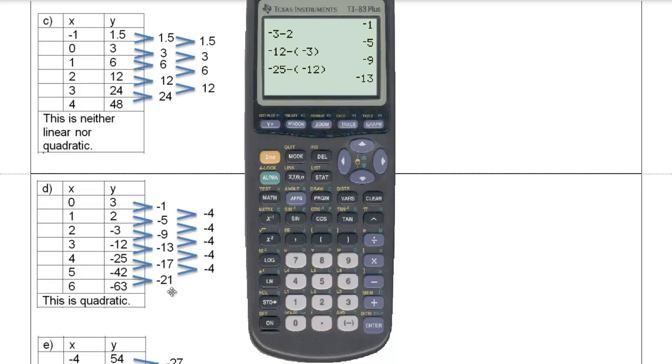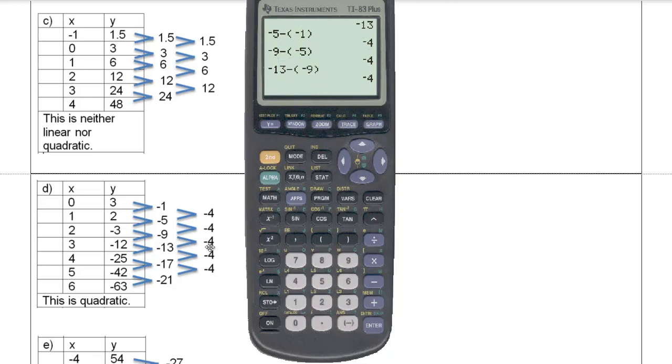So find all your first differences. They're obviously different numbers, so it's not linear. So now let's take a look at the second differences. So -5 subtract the -1. I'm doing the very first one up here. This minus this gives us -4. -9 minus -5, -9 subtract -5 gives you -4 again. -13 subtract -9 is -4.